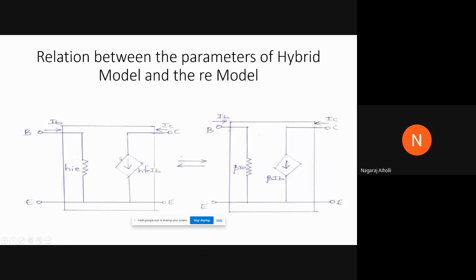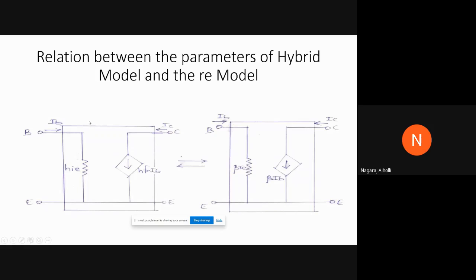Either it is the hybrid model or the re model. Prajwal Gowda: Sir, it's the hybrid model. It's the hybrid model, correct.